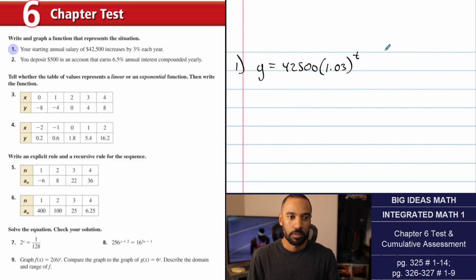Now, they're asking us to graph it. That's not one that I would normally do by hand. Are they really asking us to graph this? I'll probably use a graphing calculator for this. It'll probably even look pretty linear, all told. Let's check this one out. So if I did 42,500 times 1.03 to the x power, understand that that's your y-intercept at 42,500.